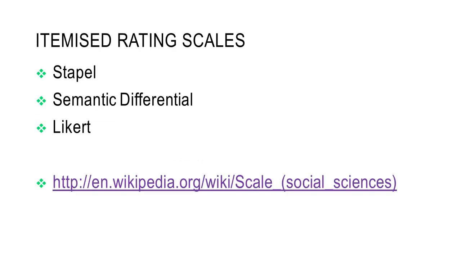Okay, now we're going to look at our 3 different itemized rating scales. So we've got the 3 listed there, and you can see that I've also given a link to Wikipedia.